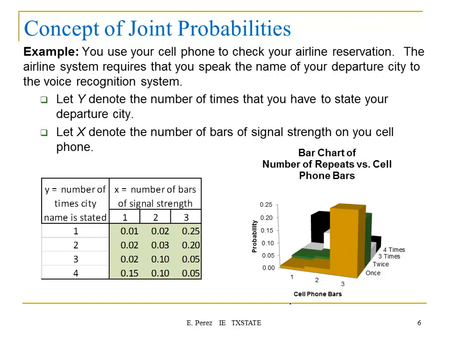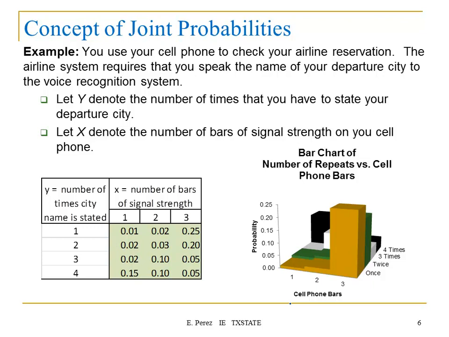Okay? So if you have 3 bars, you know that the probability of repeating the city is going to be small. Only 1 bar is going to be higher. When you look at the number of bars for your cell phone, let's say you only have 1, then you're going to have a higher bar here that denotes the number of times for repeating the city is going to be 4. Yes, sir.